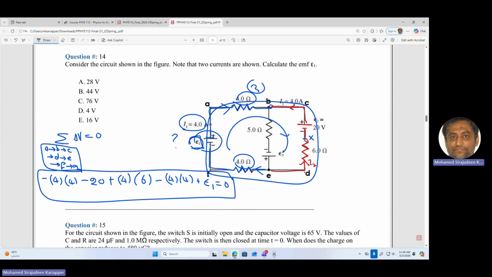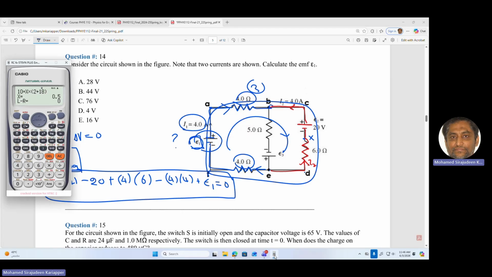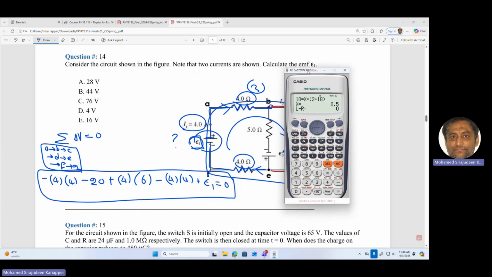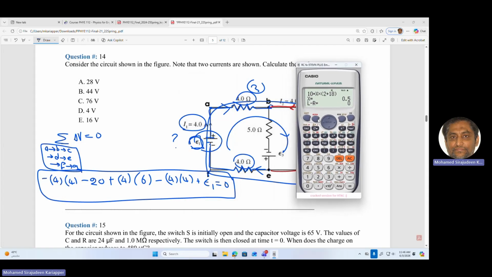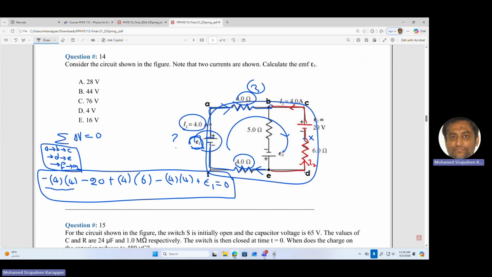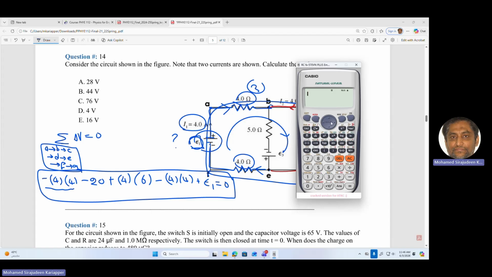All you have to do now, don't worry about the algebra, let the calculator do the algebra. So you just type this equation into your calculator. This you can do very quickly because you have to save time.